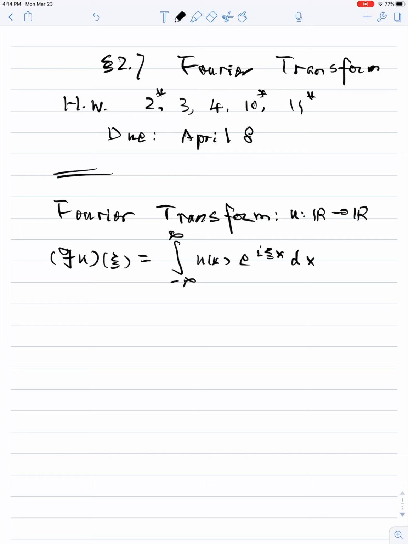Now, in this case, this x is the spatial variable, and this ξ we usually refer to as the frequency variable.